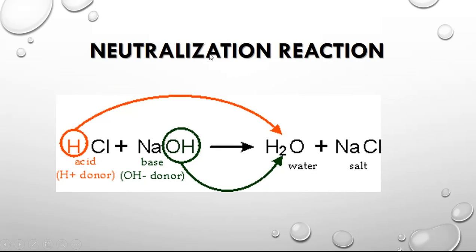A neutralization reaction is given by this formula here. You have hydrochloric acid mixed with sodium hydroxide, so you form water and sodium chloride. This is just an example of a neutralization reaction.